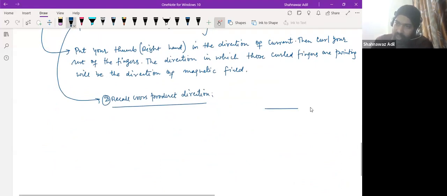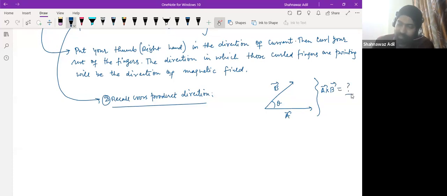Let's say you have this A vector, you have this B vector, and this is the angle between them. So how do we calculate the direction of A cross B? Do you remember? I'm talking about direction. Magnitude part is AB sine theta, right?